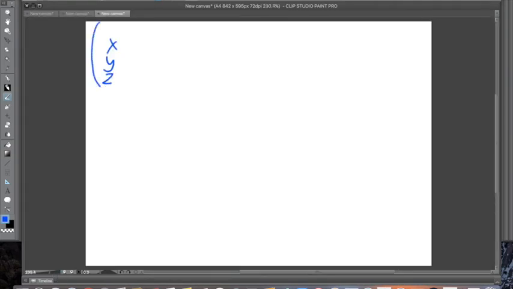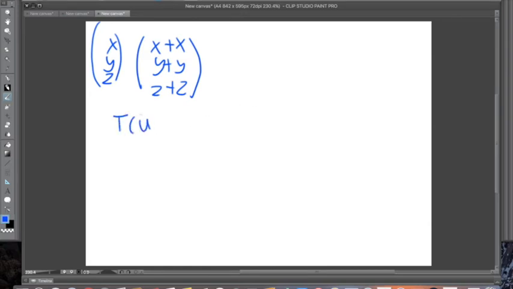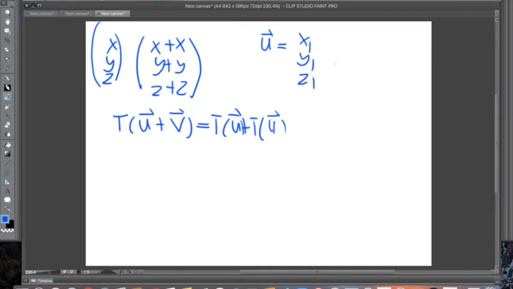By using the proof, we have to set up u first equal to x1, y1 and z1, and v equal to x2, y2, z2.